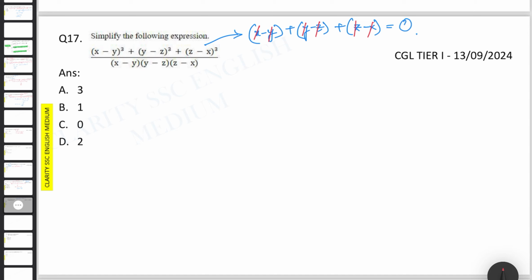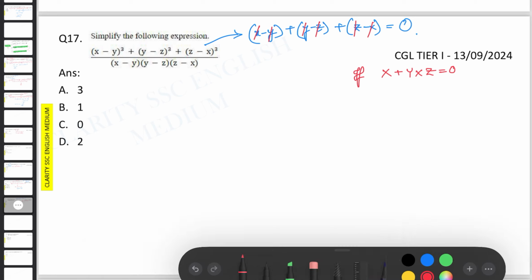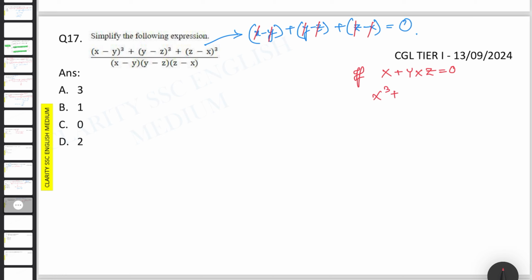Then obviously this one can be written as, if x plus y plus z is equal to 0, then x cube plus y cube plus z cube is equal to 3xyz. This is what we have written.